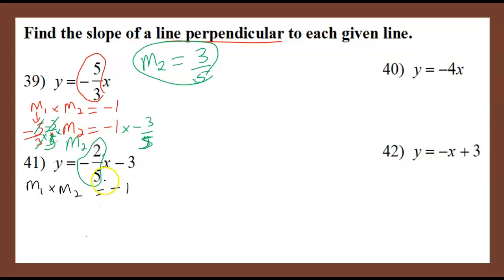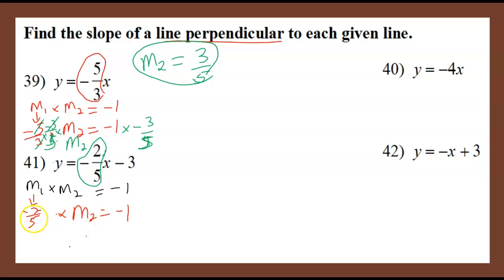That's the equation, so we substitute. M1 is negative 2 over 5 times m2 equals negative 1. Now we're going to solve for this.